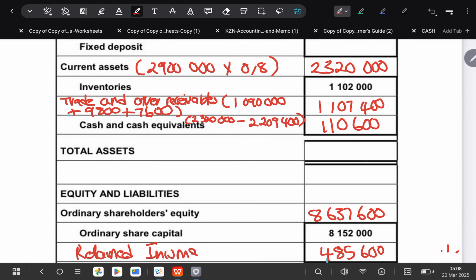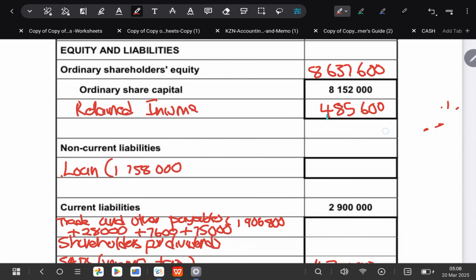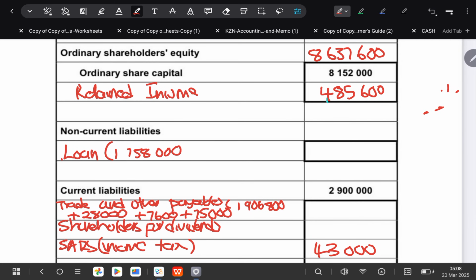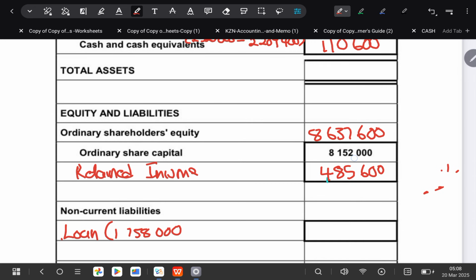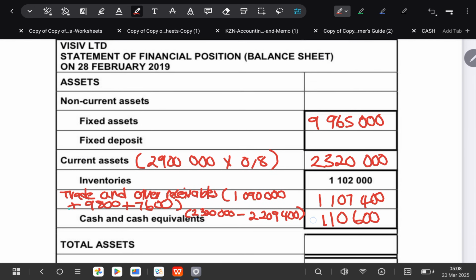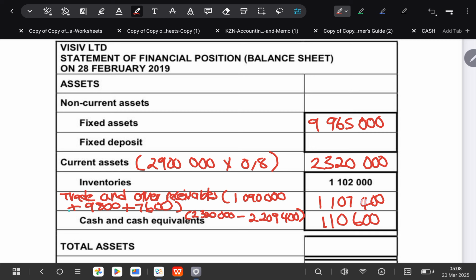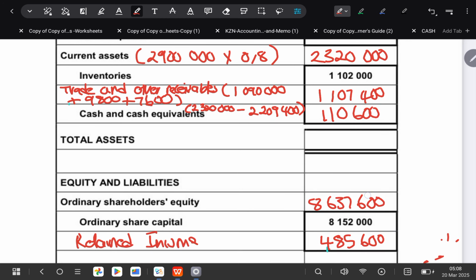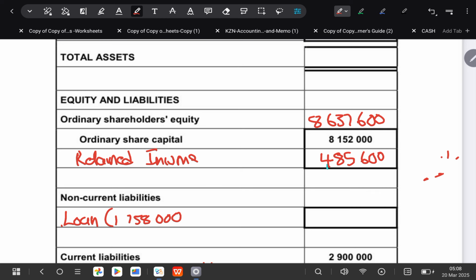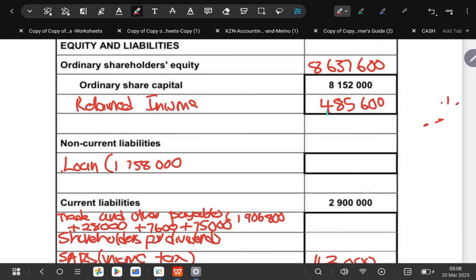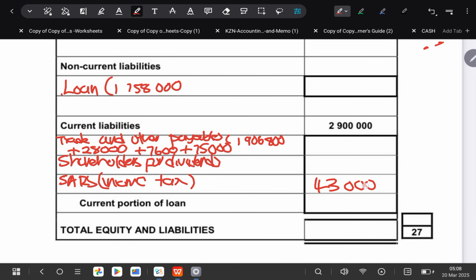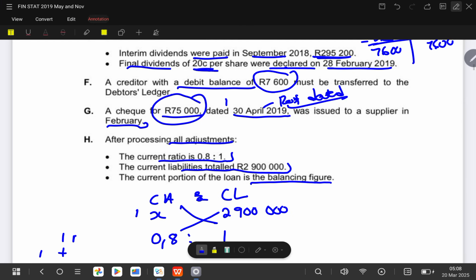Now if you look at this, you have your current liabilities, and then I will check what else you have. So we have the equity. Let's go back to our information. Remember they told us that current liabilities is 2,900,000, and they also told us that the current portion of the loan is the balancing figure.